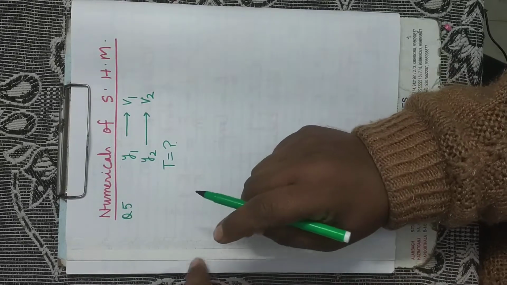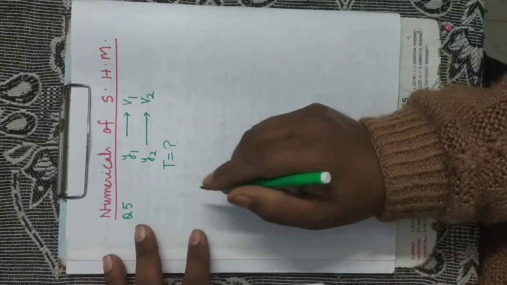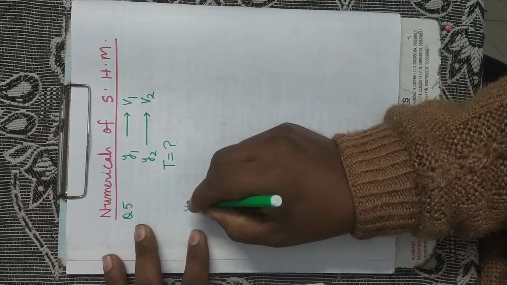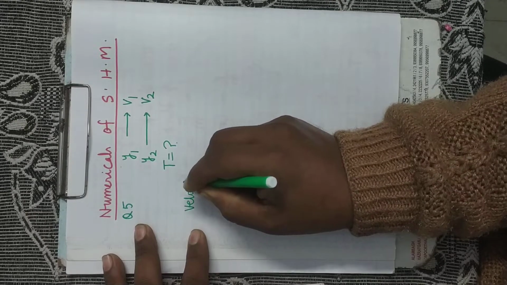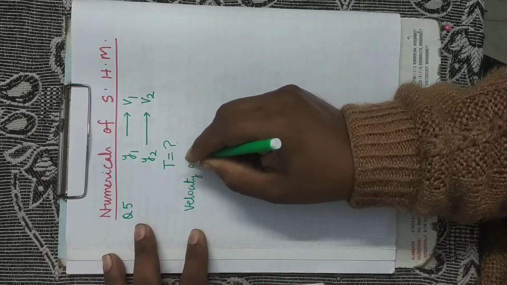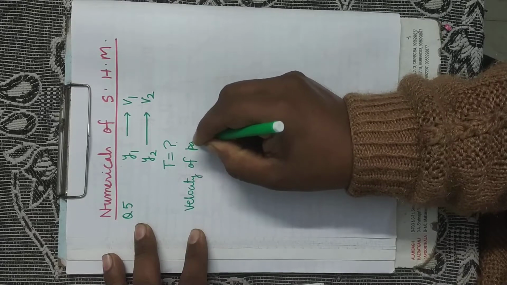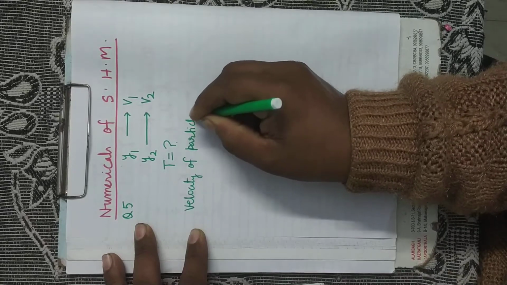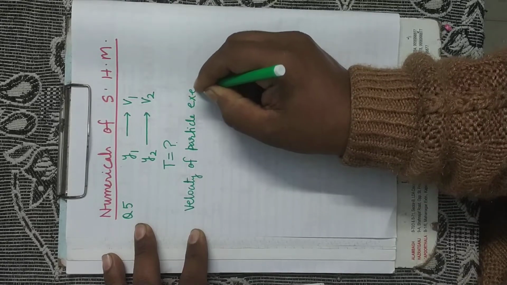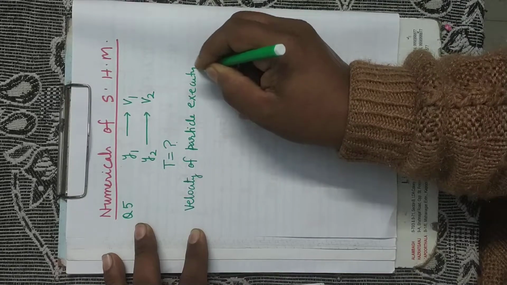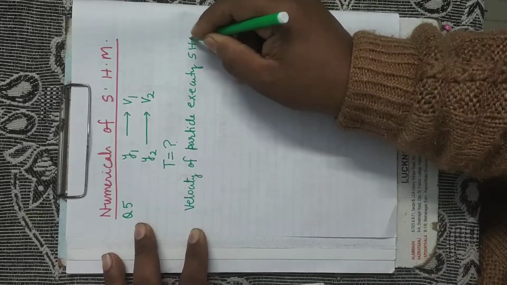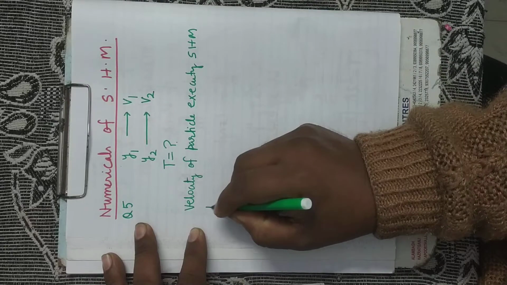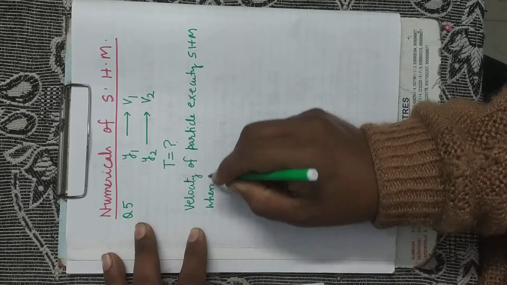So as you know that velocity of particle executing SHM when it is at a distance y from mean position.